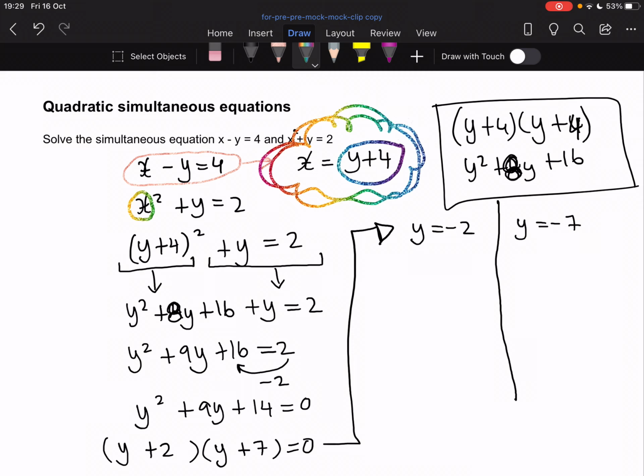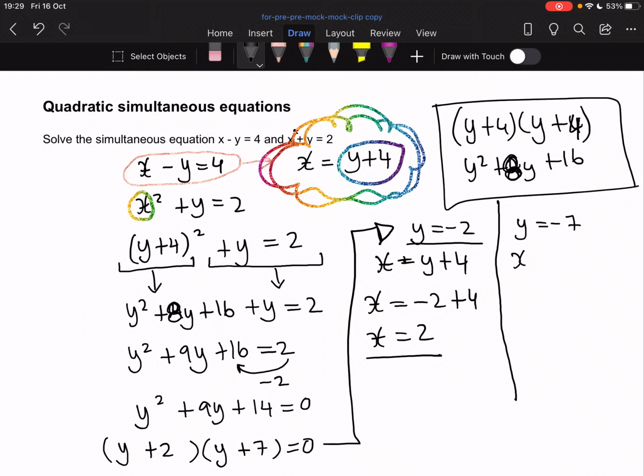So in this equation, x equals y plus 4, I'm going to substitute y equals minus 2. So x equals minus 2 plus 4, x equals positive 2. So that means when y is minus 2, x is 2.